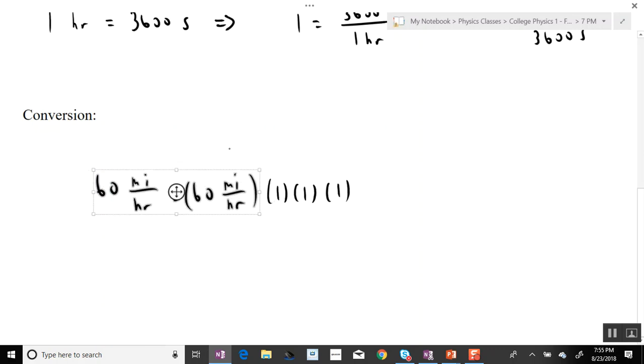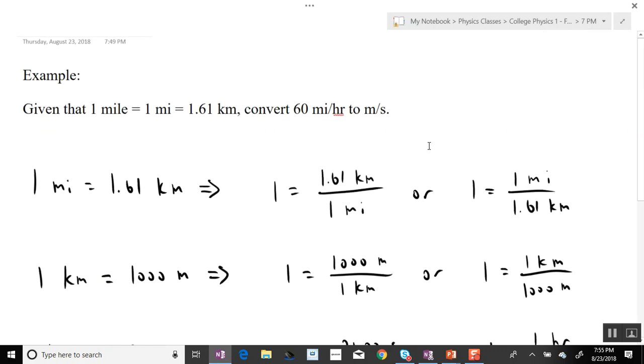So I'm going to do it step by step. So I want to get rid of the miles first, right? Let's just start with the miles. I want to get rid of this thing, which is in the numerator, right? Miles in the numerator. So which one of these versions of 1 do I want to use? Do I want to use this one or this one?